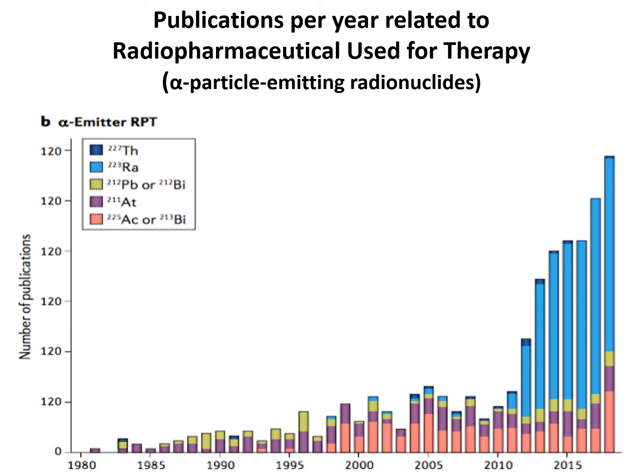So alpha particles lead to a preponderance of complex and largely irreparable DNA double-strand breaks. The absorbed dose required to achieve cytotoxicity relates to the number of alpha particles that traverse the cell nucleus.